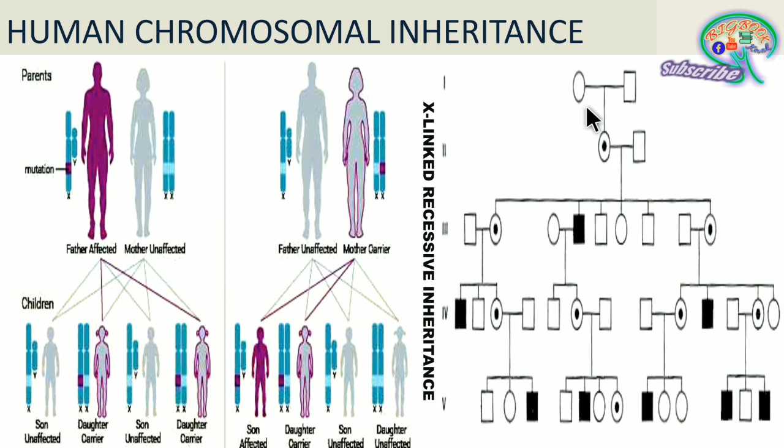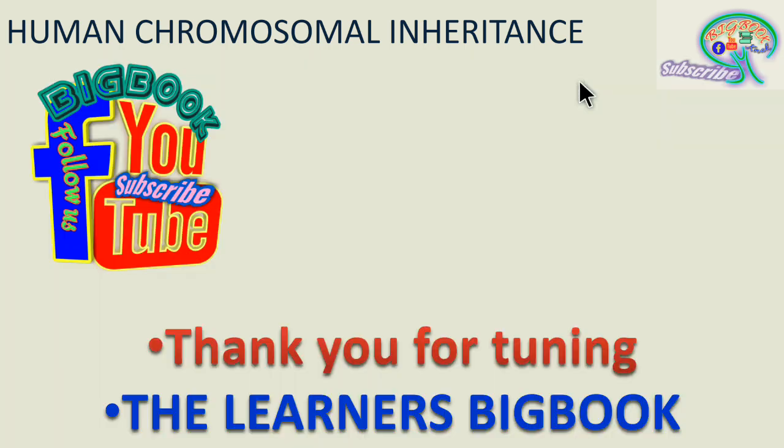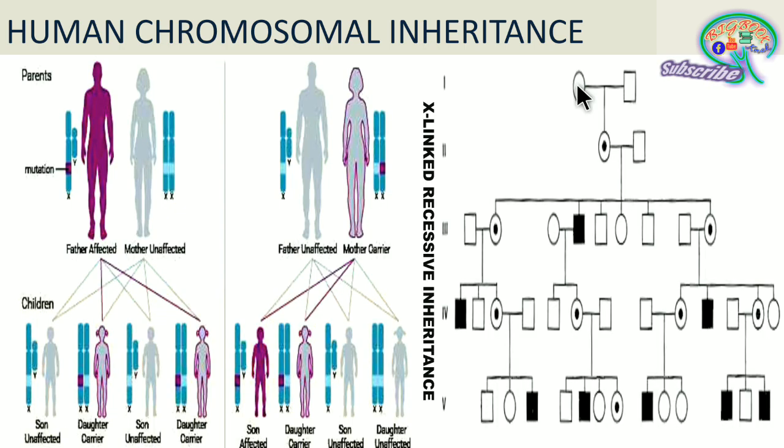Now here, if you consider the mother to be the carrier, the daughter has got the X chromosome, and further the daughter has inherited it to one daughter, one son and the other daughter, where in the third generation both the females are carriers but the male is expressing the defective gene.